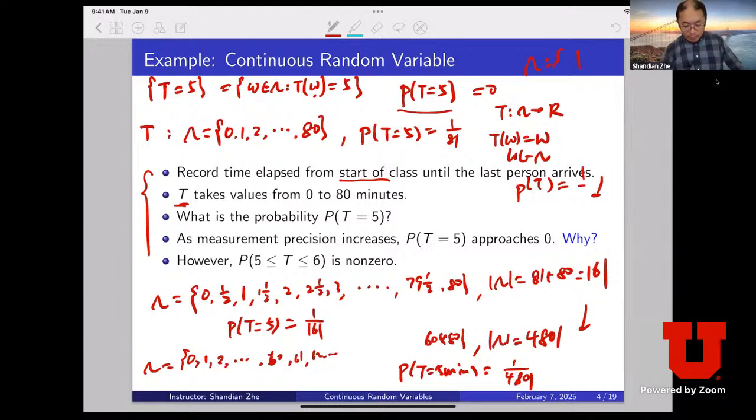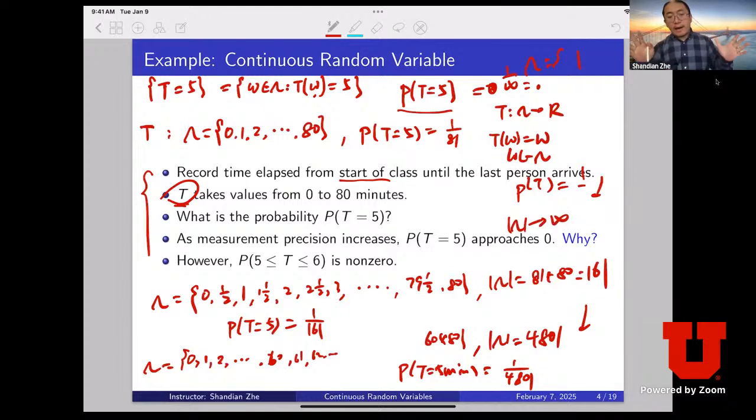The size of your sample space will approach infinity, and then the probability for this event will be 1 over infinity. It's just 0. And at infinity, our t becomes a continuous random variable. Does it make sense?